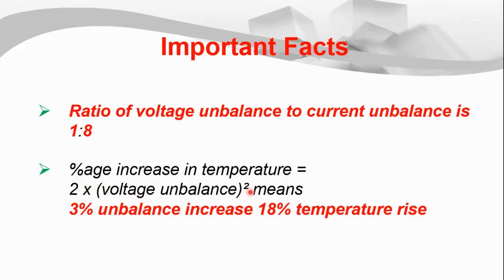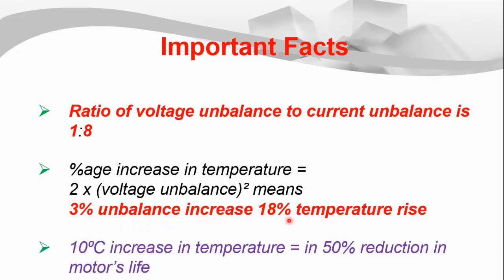It means that if the voltage unbalance is 3%, there will be an 18% increase in the motor temperature. And here you can see how dangerous voltage unbalance is for the motor life. In sequel to this fact, a 10% increase in temperature will result in a 50% reduction in the motor's life.